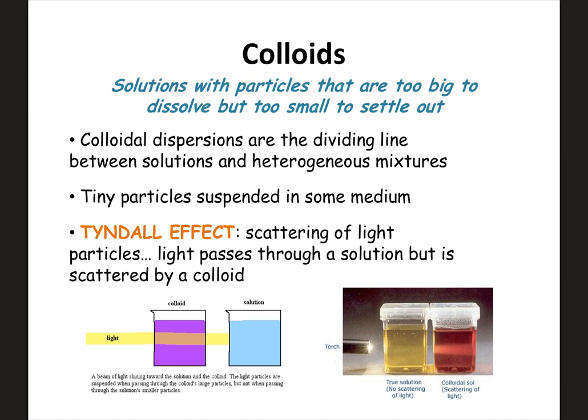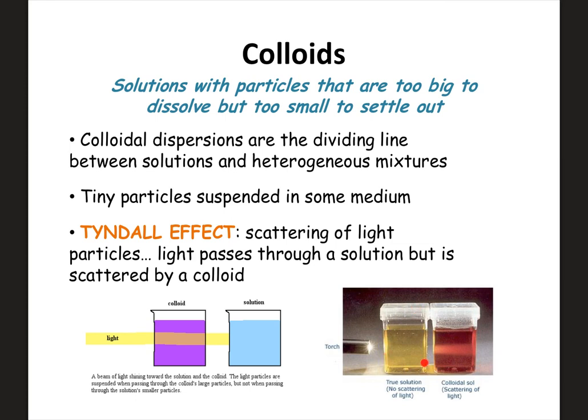Light particles can be scattered here. Through a normal solution in which a solute is completely dissolved by the solvent, light just passes right through it. But a colloid would actually scatter the light because of those suspended particles. So you can see here, if you look at the pictures, this is showing you the difference.